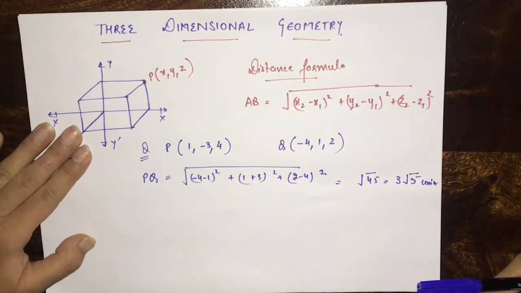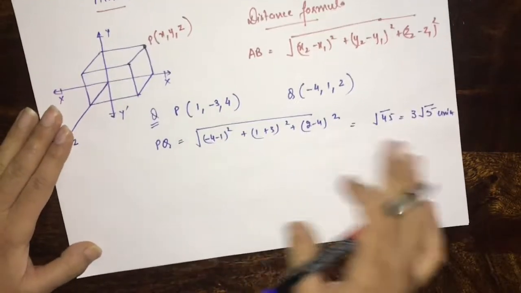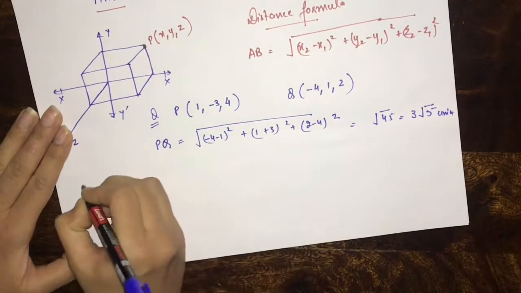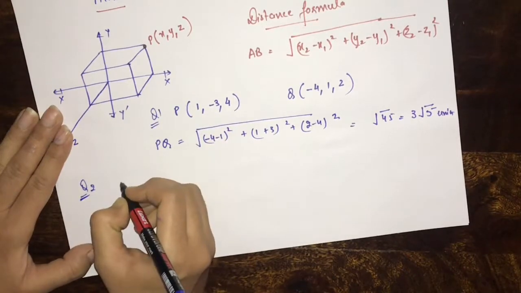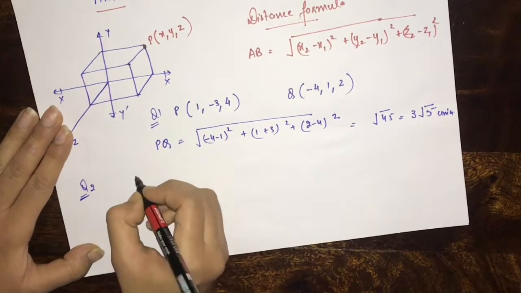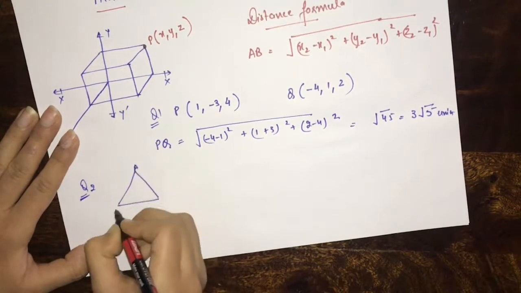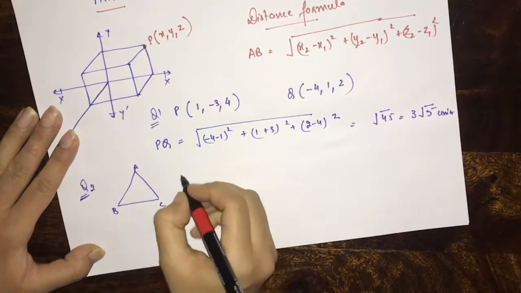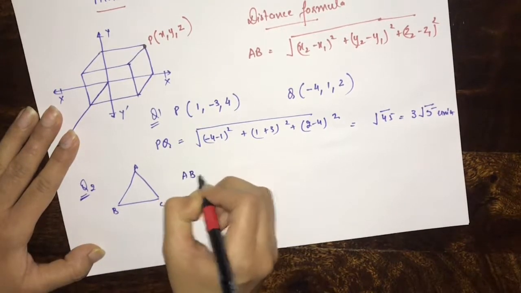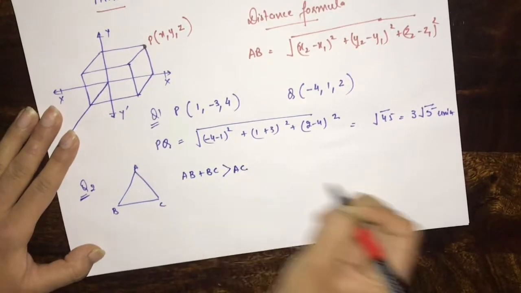Now a variety of questions can come in the application form. How do you interpret them? Suppose you are asked the question to prove that 3 points are collinear. Now please listen to this concept very carefully. If you have a triangle ABC, a triangle has a property that the sum of any 2 sides, AB plus BC, will be greater than your third side.